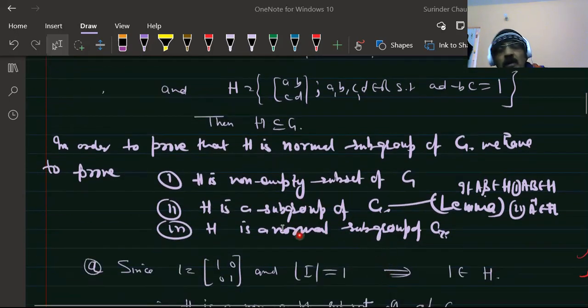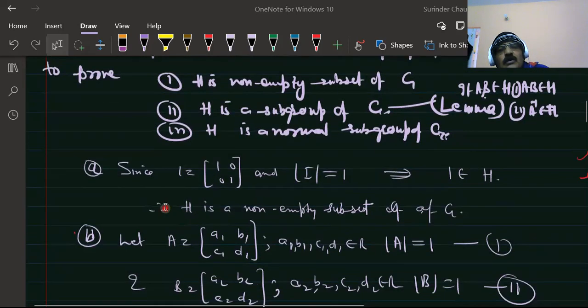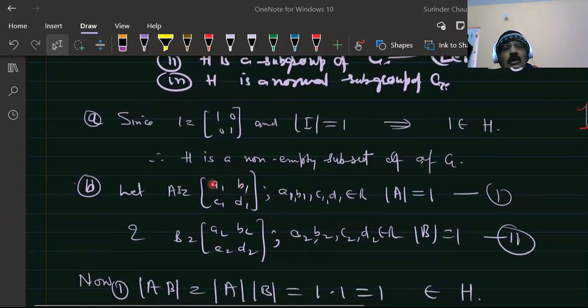So first, the identity element I is equal to 1, 0, 0, 1, whose determinant is equal to 1. Therefore this identity matrix of second order belongs to H. So H is a non-empty subset of G.